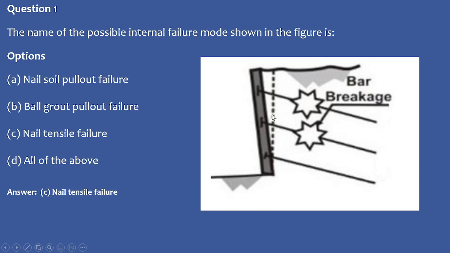Due to the lateral pressure, the tensile force in these nails will keep on increasing, and there will be an instant where these nails won't be able to bear the pressure from this lateral force, and therefore these nails will fail in tension.